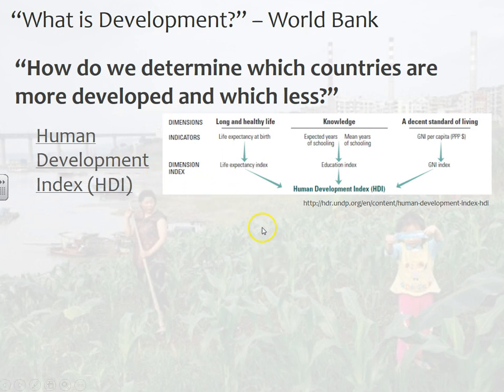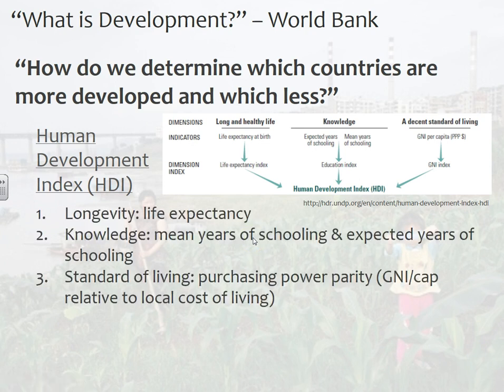Okay, so the Human Development Index was developed by the United Nations as a way to measure the level of development. So instead of just taking how much money per person is generated in a country, it takes three overall factors.